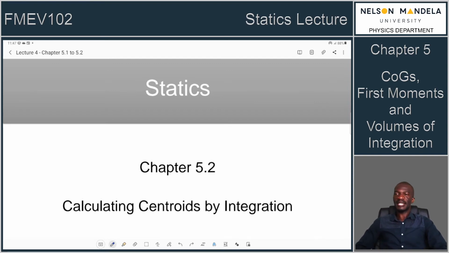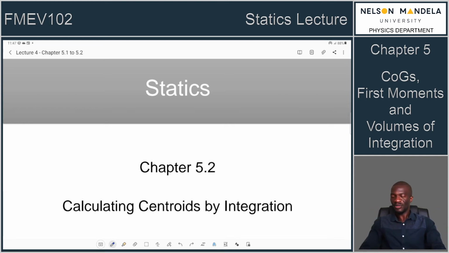Now we are looking at calculating centroids by integration, just because our bodies will not always be the perfect regular shapes. There are some cases where our body will look like that first object that we had. Looks like a what? It's a plate, but it's not a regular square or rectangle.